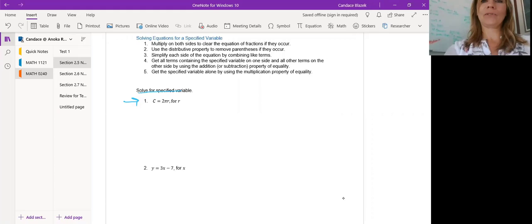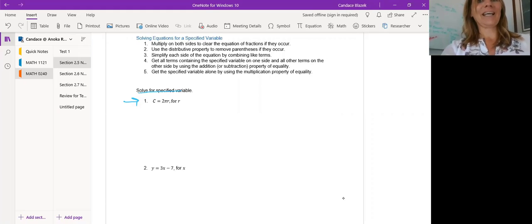Number 2, use the distributive property to remove parentheses if they occur. And if you look back, that is the second step for solving equations as well. 3, simplify each side of the equation by combining like terms. Again, it's the same step that we had before.